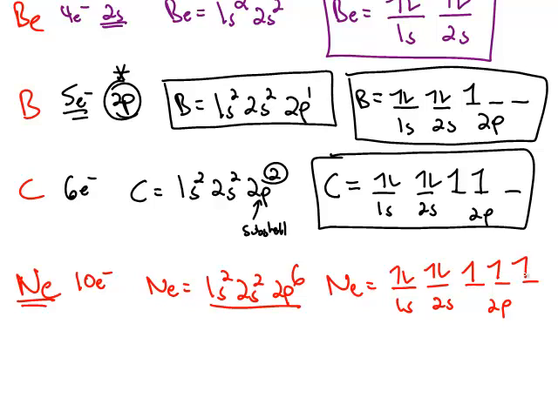I'm still going to follow Hund's rule. If I put in 1 electron at a time, if I stop right here, I would have the orbital diagram for nitrogen. If I add 1 more electron, that would be for oxygen, 1 more for fluorine, and then finally 1 more makes neon.